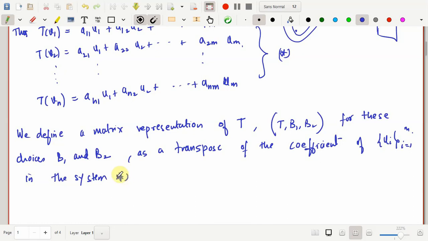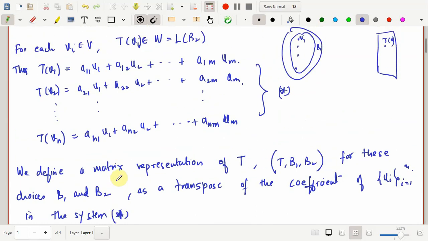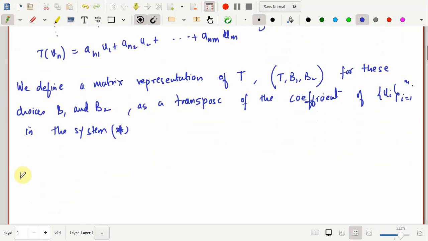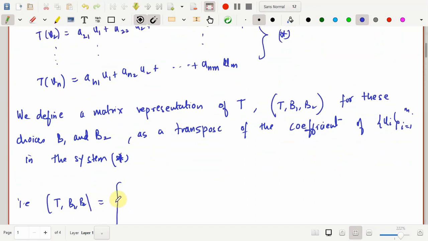So basically, if this is the expression, then what is the matrix that we are supposed to get? In this case, you will have a matrix T of B1 comma B2. You need to know the order of the matrix with respect to any choice should be clear from the dimensions of the domain and the codomain.